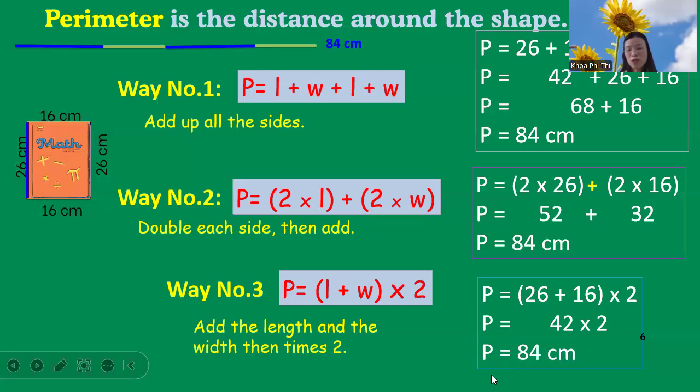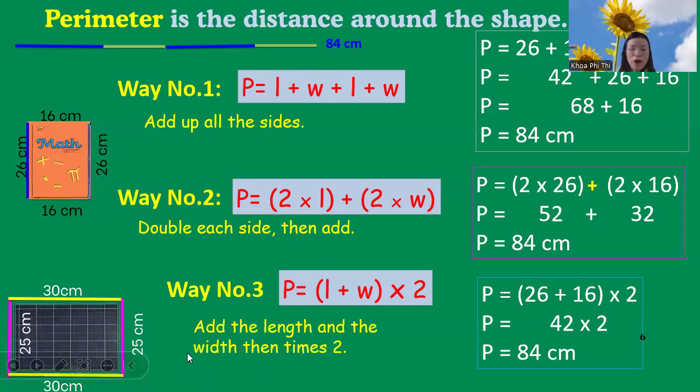Yes. We need to do only 2 calculations. One addition and one multiplication. To remember this, we use parentheses to show that we add the sides before we multiply. Well, I have shown you 3 different ways to find the perimeter of a rectangle. Now it's time for you to try out the formulas.